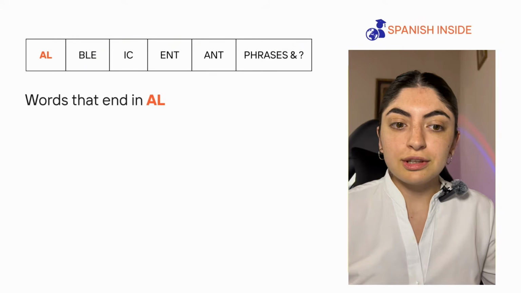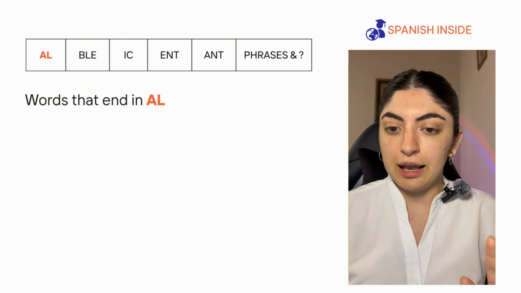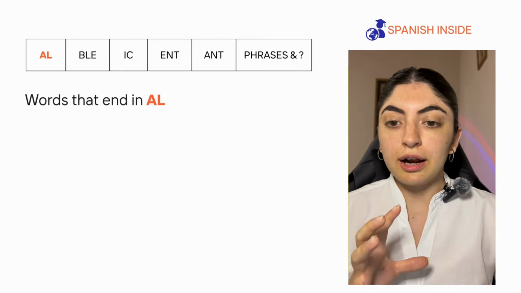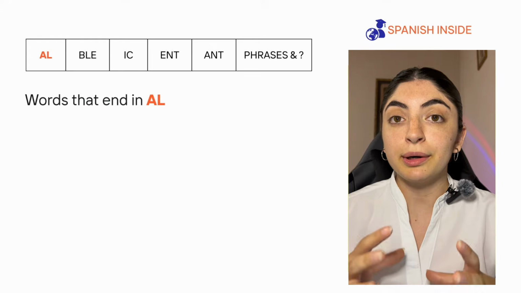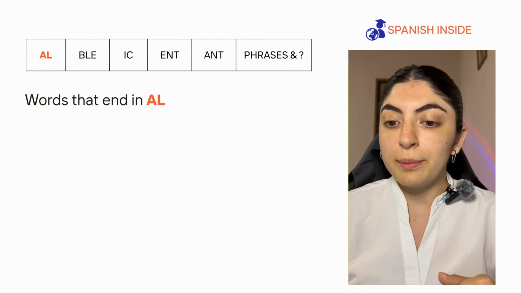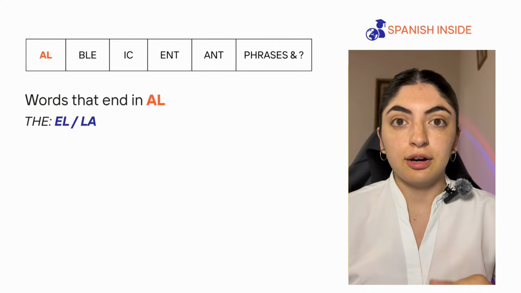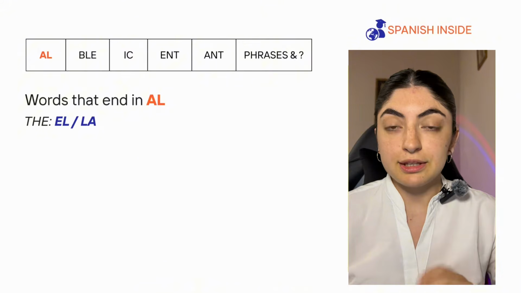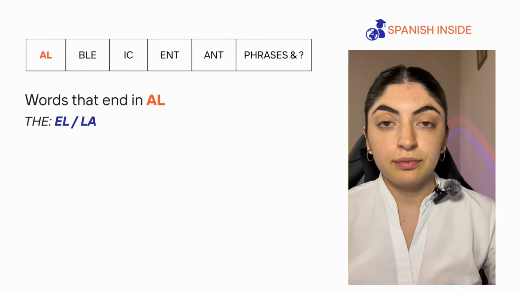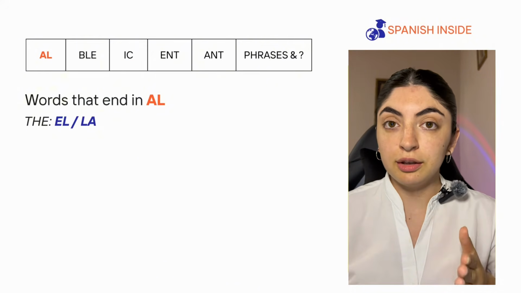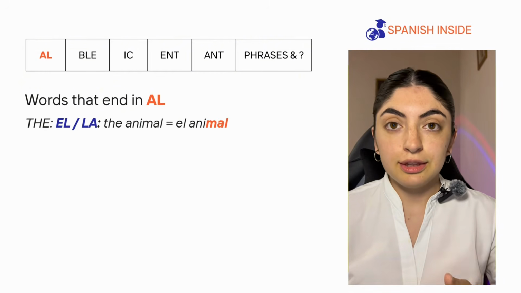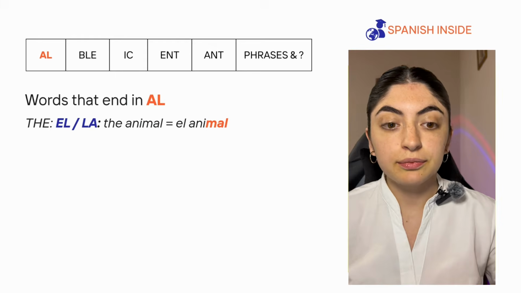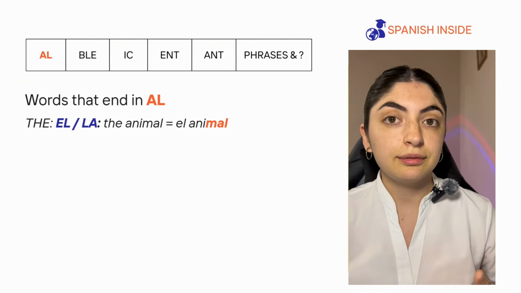Okay, words that end in al. These words are often identical in Spanish and English. I'm talking about the meaning. So remember, our basic translations are "the", that means el or la. El for masculine, la for feminine. For example, the animal, el animal.